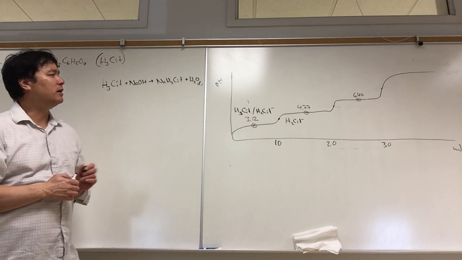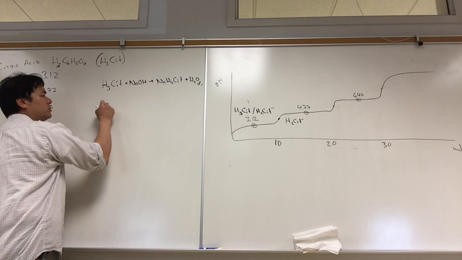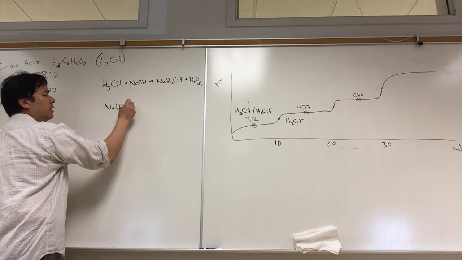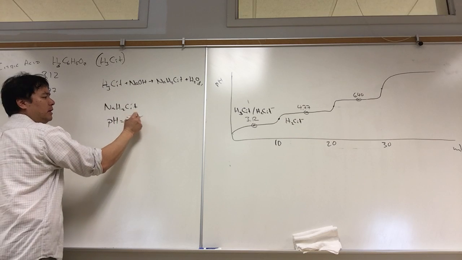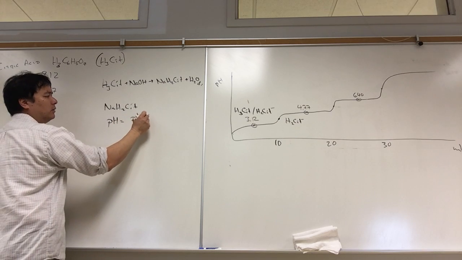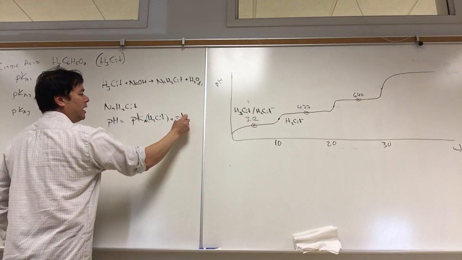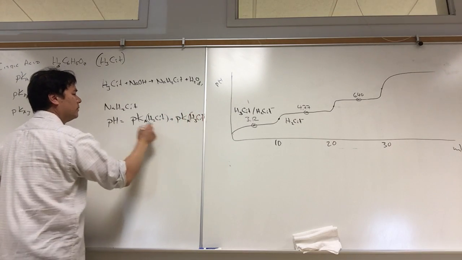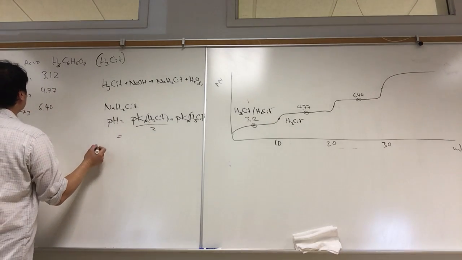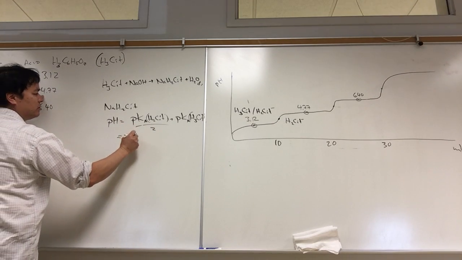And so the pH of an H2 citrate solution is not difficult, right? If we're just left with sodium dihydrogen citrate, then the pH is equal to the pKa of dihydrogen citrate plus the pKa of its conjugate acid, which is H3 citrate or citric acid, divided by 2. And so the pKa of dihydrogen citrate is 4.77.